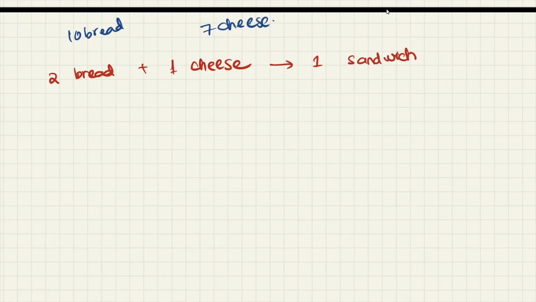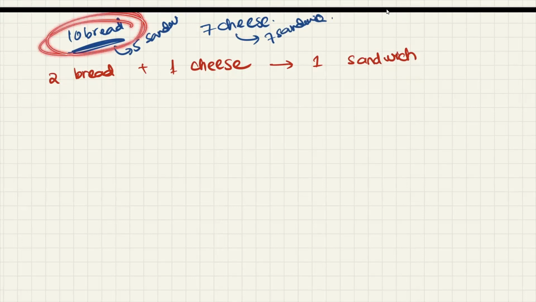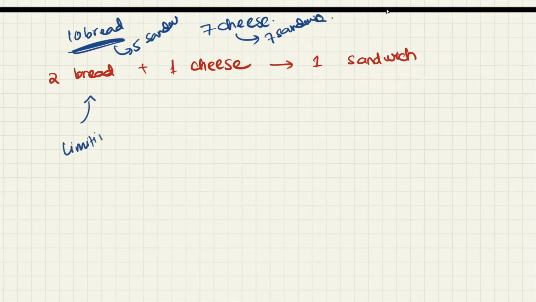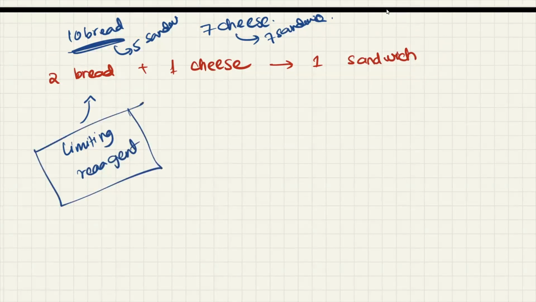So which one is the one that stops you from producing the maximum number of sandwiches? With these 10 breads, you can only make 5 sandwiches. And with these 7 cheese, you can make 7 sandwiches. That means you have too little bread to make 7 sandwiches. That means the bread is your limiting reagent. So that is what we understand by limiting reagent.